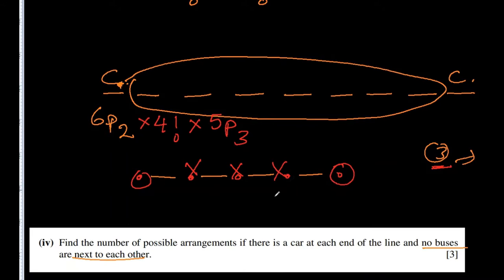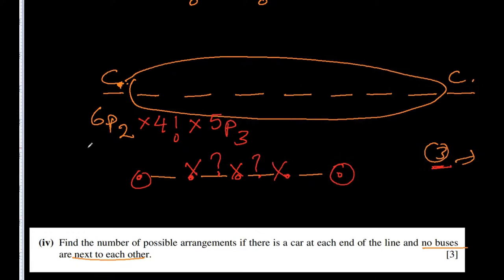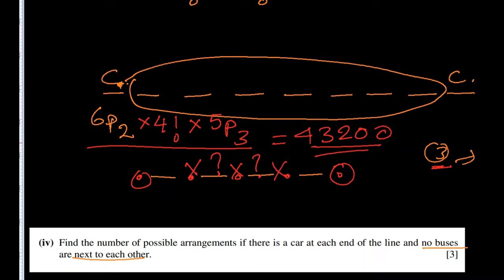These spaces will be empty, and this is how we ensure the buses are not together because there will be something between them all the time. So this will be the one we would like to have, and let's see what number it gives us. It gives us 43,200 arrangements.